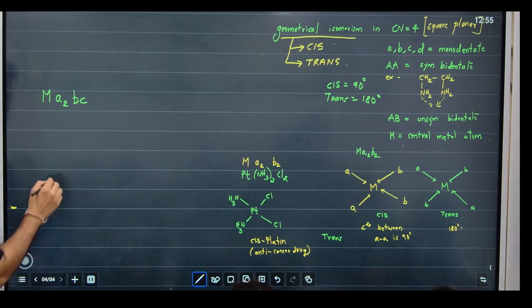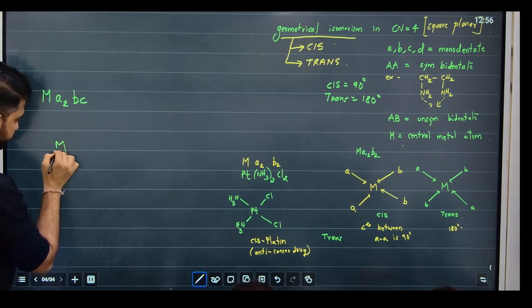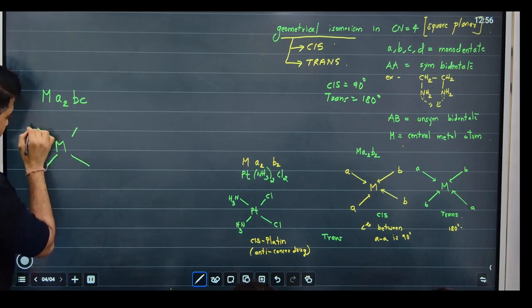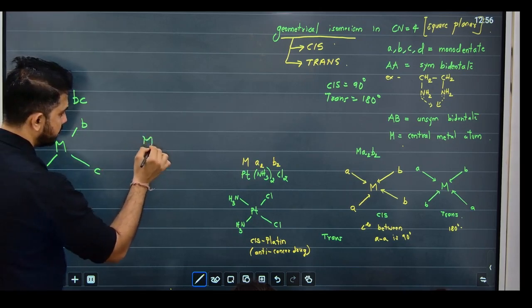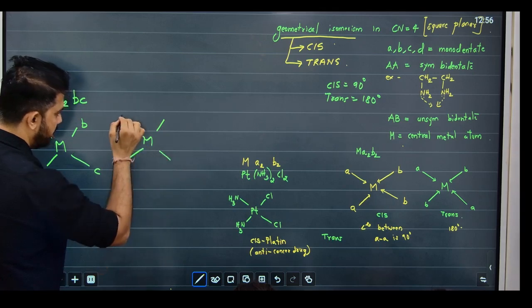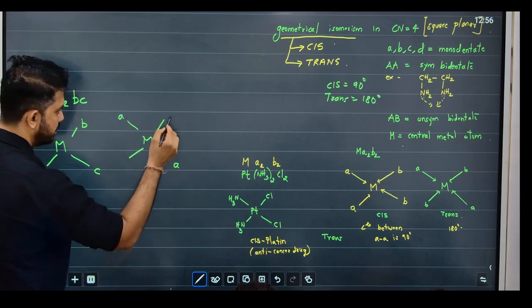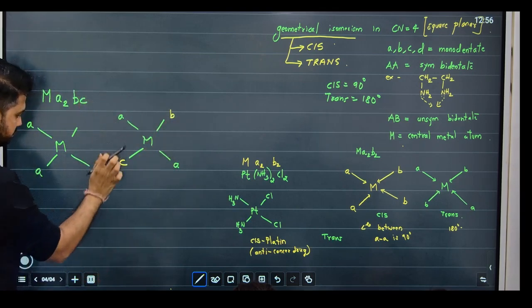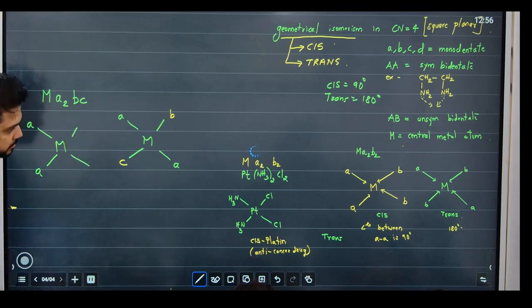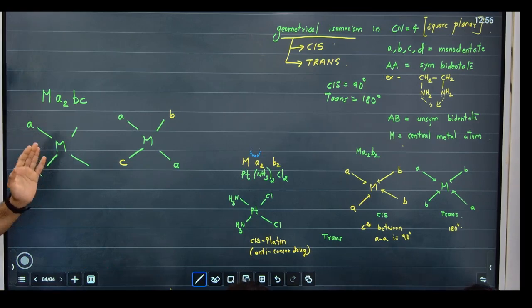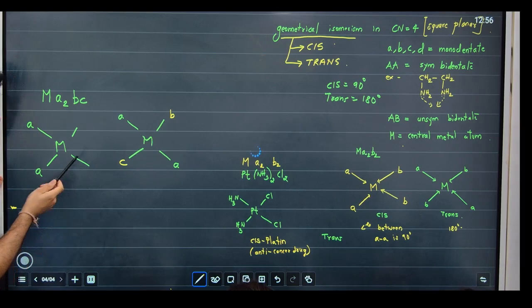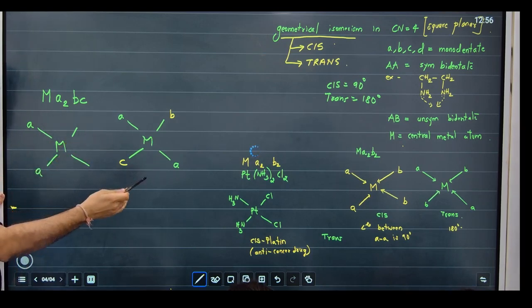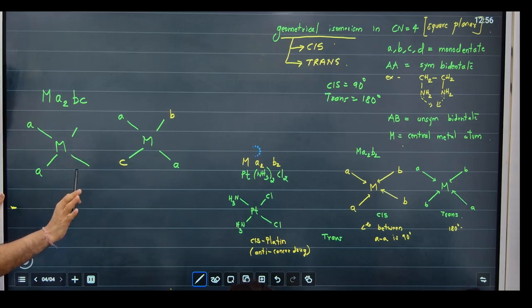Can someone try and tell me how will the cis form look like? AA, BC, or you can write AA and BC. When you try to learn this from an angle perspective, वो ज़्यादा अच्छा है, ठीक है? Because we are saying that pick the ligand which is repeating twice, but it doesn't really matter.